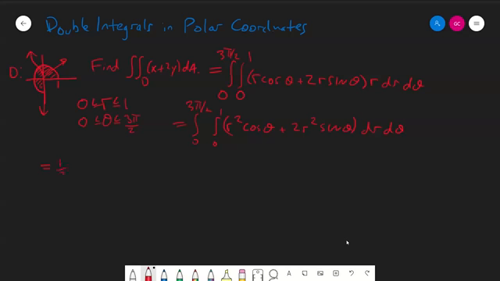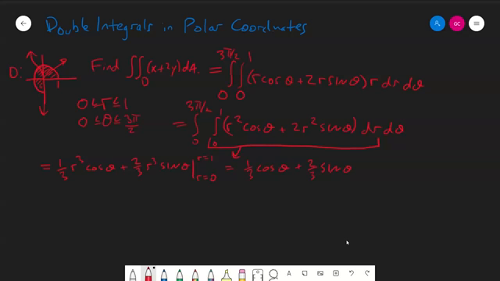So you'll have 1/3 r cubed cosine theta plus 2/3 r cubed sine of theta from r equals 0 to r equals 1. So that's going to give you just 1/3 of cosine of theta plus 2/3 of sine of theta. So that's what that inside integral gets you, that function of theta.